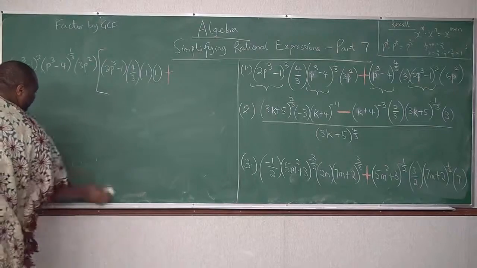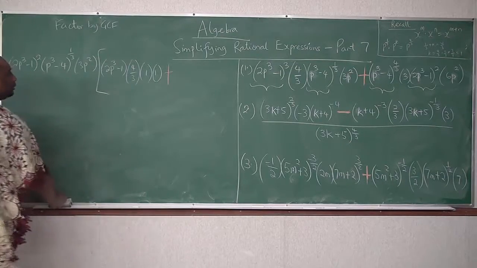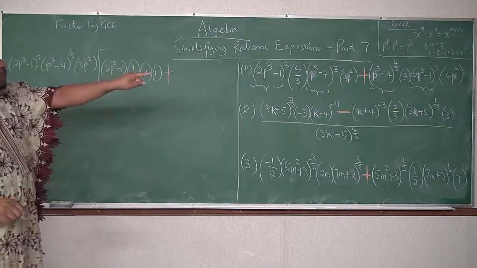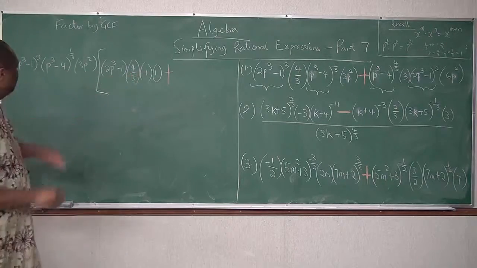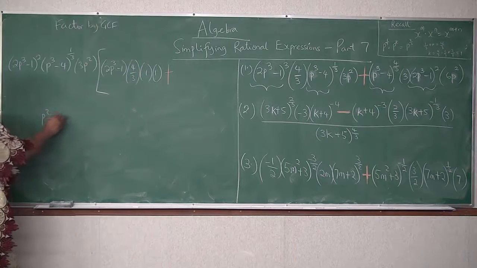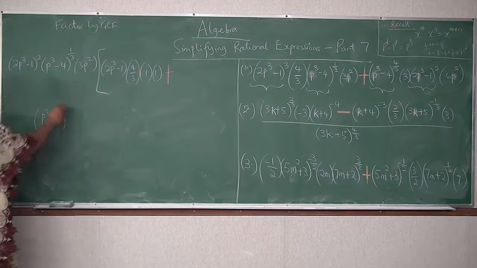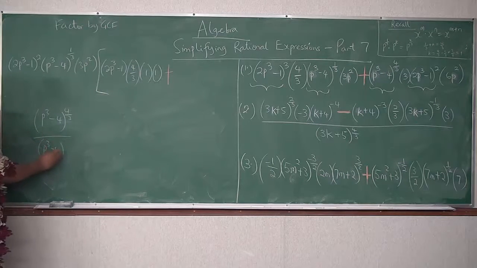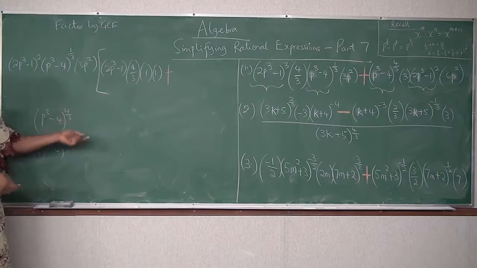Okay? Then the second one, we do p cubed minus 4, just like what we did earlier, p cubed minus 4 exponent 4 over 3 divided by p cubed minus 4 exponent 1 over 3. Just like what we did earlier.